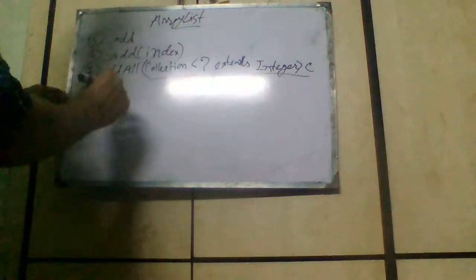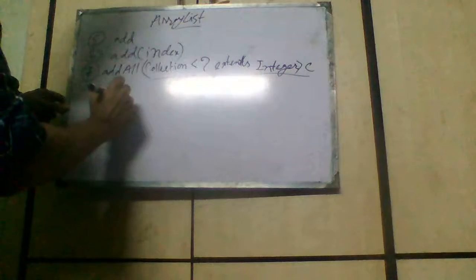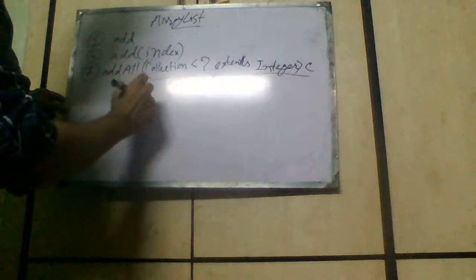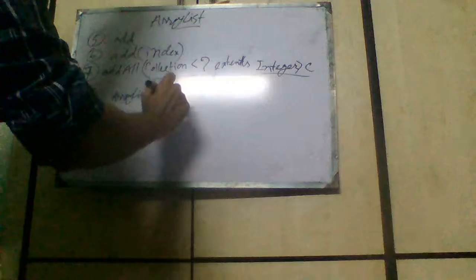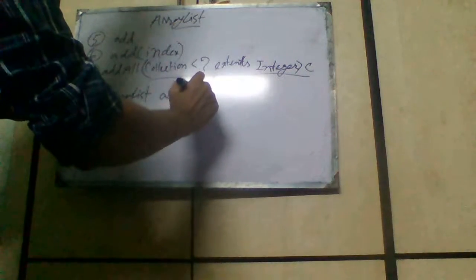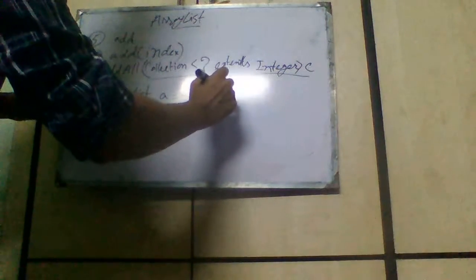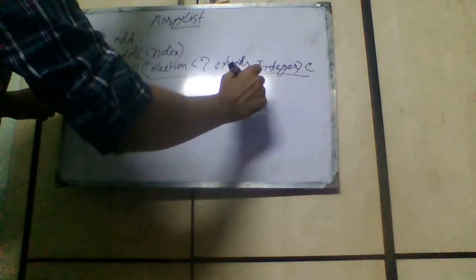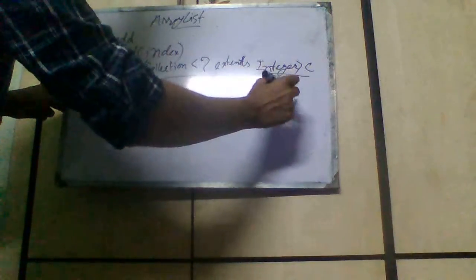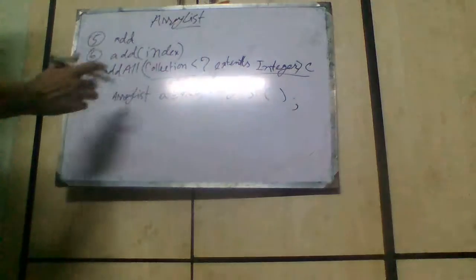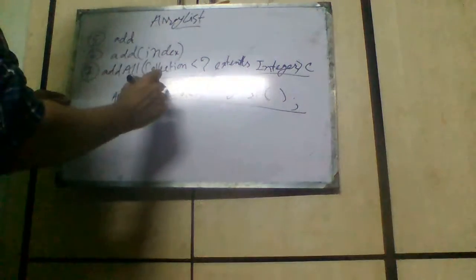If we declare like ArrayList a = new ArrayList, this kind of declaration means this variable can store any types of data, meaning it is heterogeneous.